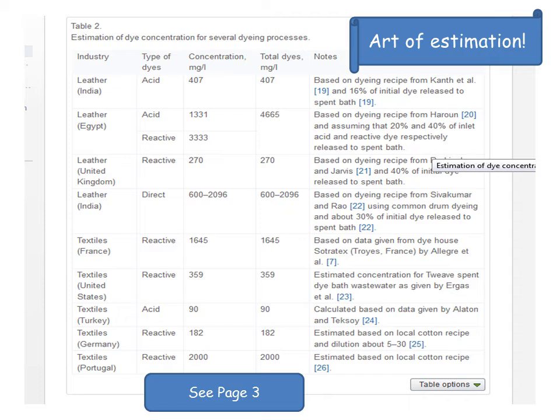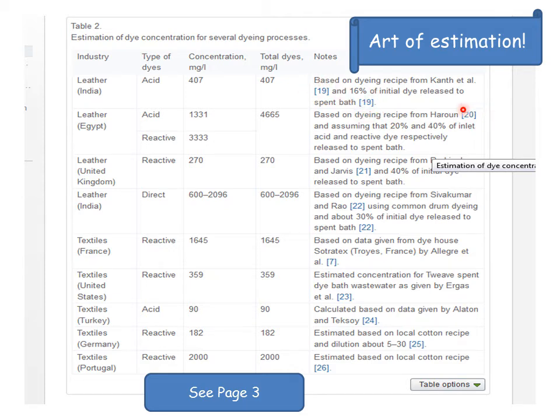So what I need to do? What I need to do? So I need to estimate from different source. Okay, from different source. Can see here? This is all the estimation, and it come from different source.